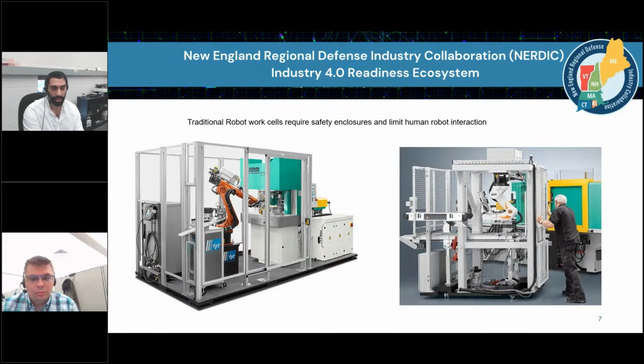That is one of the biggest distinctions you'll see, where there's a limit. What this presents is a bit of a limitation on human and robot interaction, right? A human has to be outside of that safety enclosure of the robot cell in order to run a program.